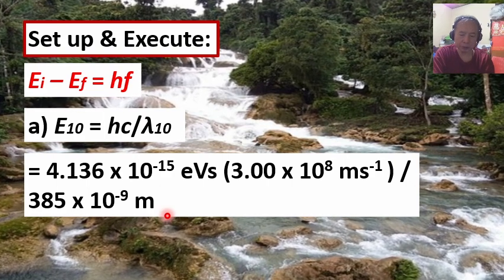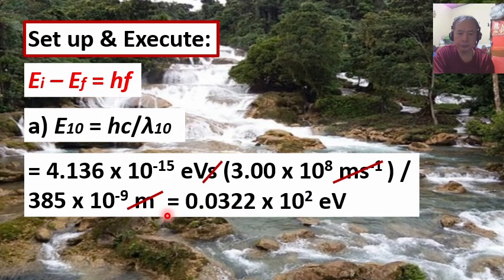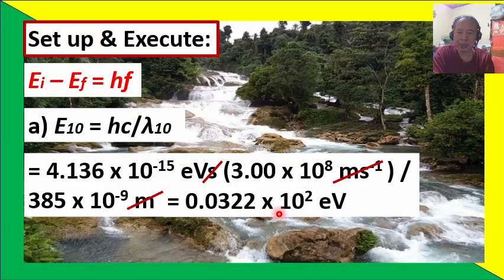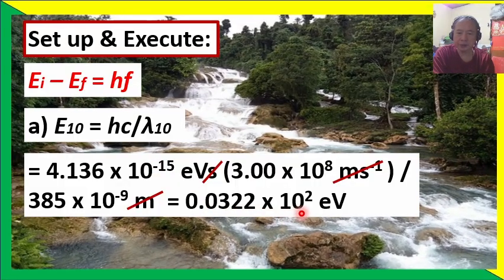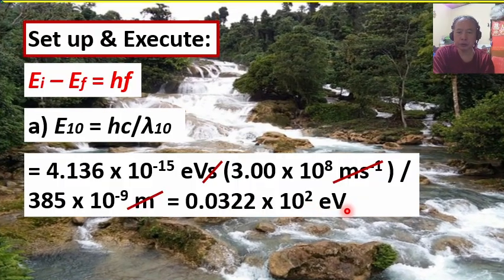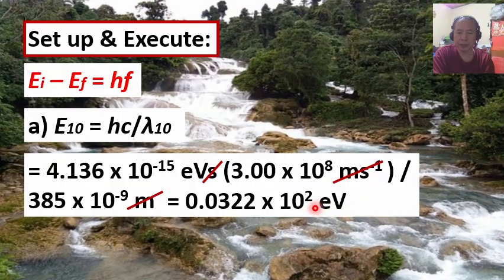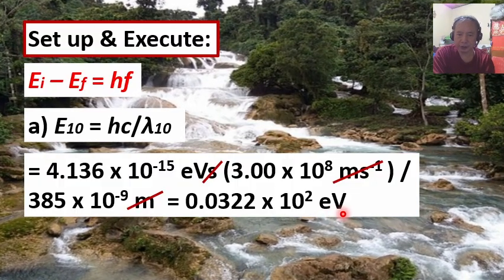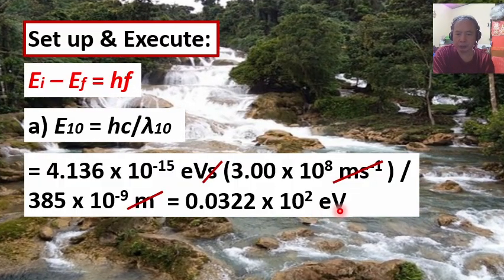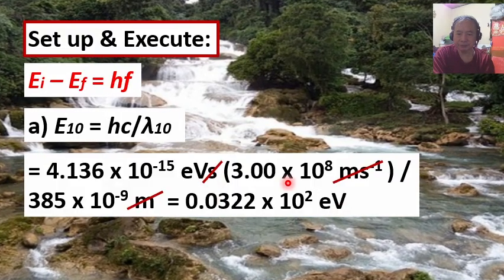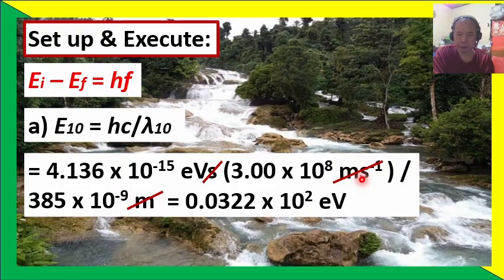And this simplifies to 0.0322 times 10 raised to the second power electron volts, which is our unit for the energy. This came out after canceling the unit second and meter.